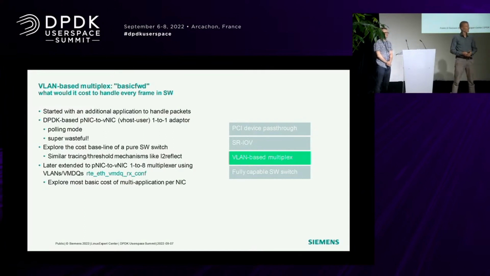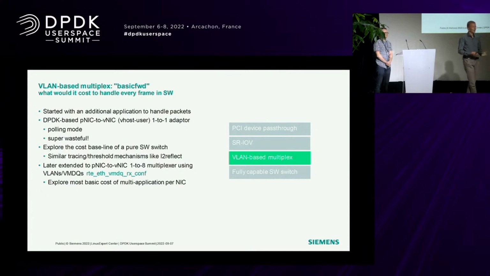And so we said, before we try such a real switch, and that was actually several years ago when there was none available, we can at least measure how much it would cost us if there was a switch that every packet had to pass through.